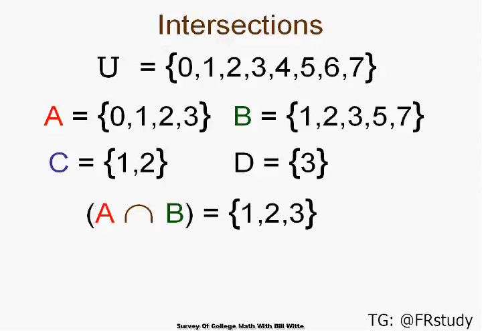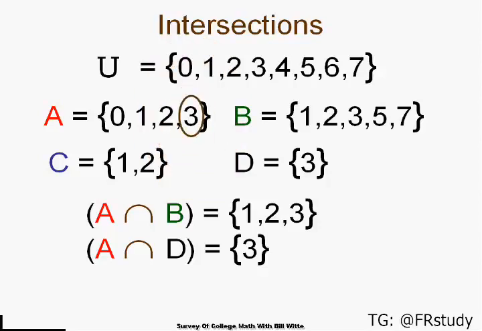The intersection of A and B is 1, 2, and 3. Now look at set A and look at set B, and they both have 1, 2, and 3 in them, don't they?